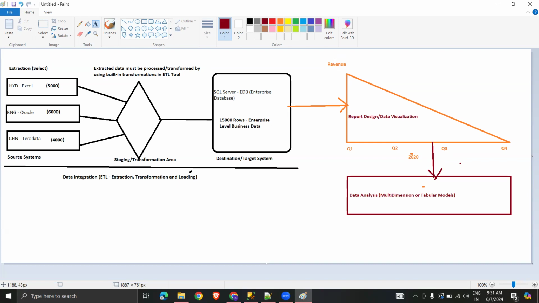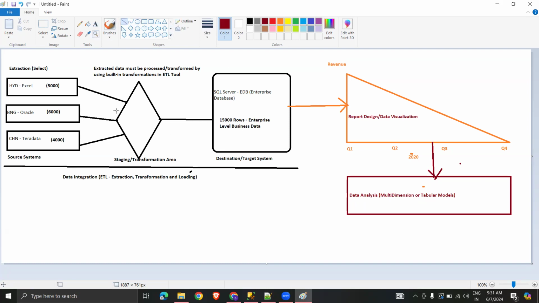Then in quarter two, my profits came down. By quarter four, it reached zero. My revenue was zero by the end of 2020. So I was analyzing my own business data.